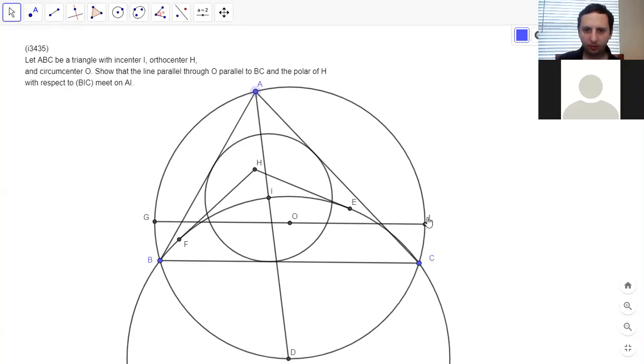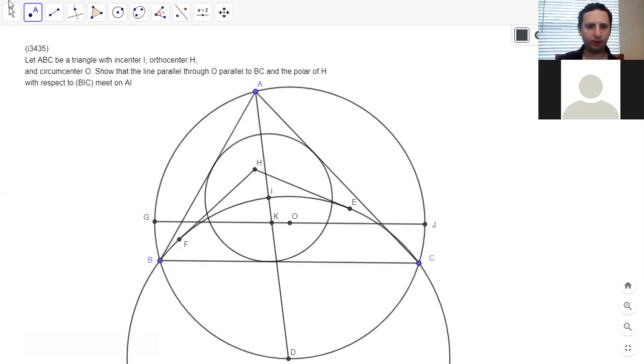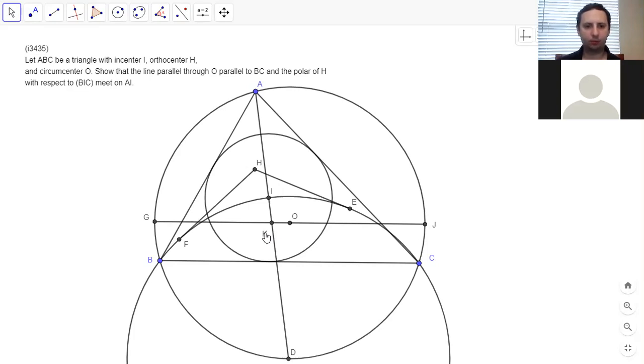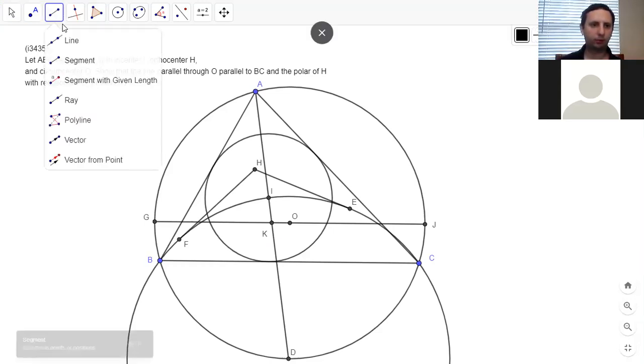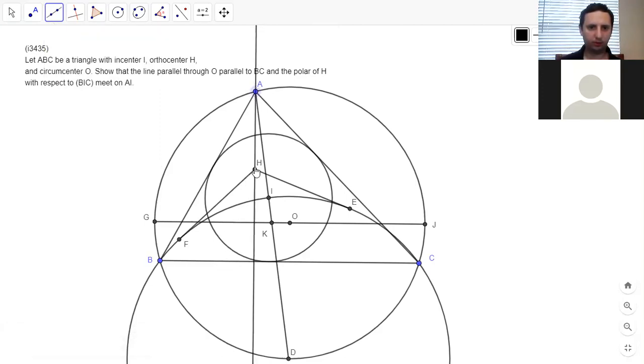Okay. So basically we have this point right here, point K, and we want to show that EF passes through K. Maybe it's worth drawing AH. So we know the reflection of H over BC is this point.